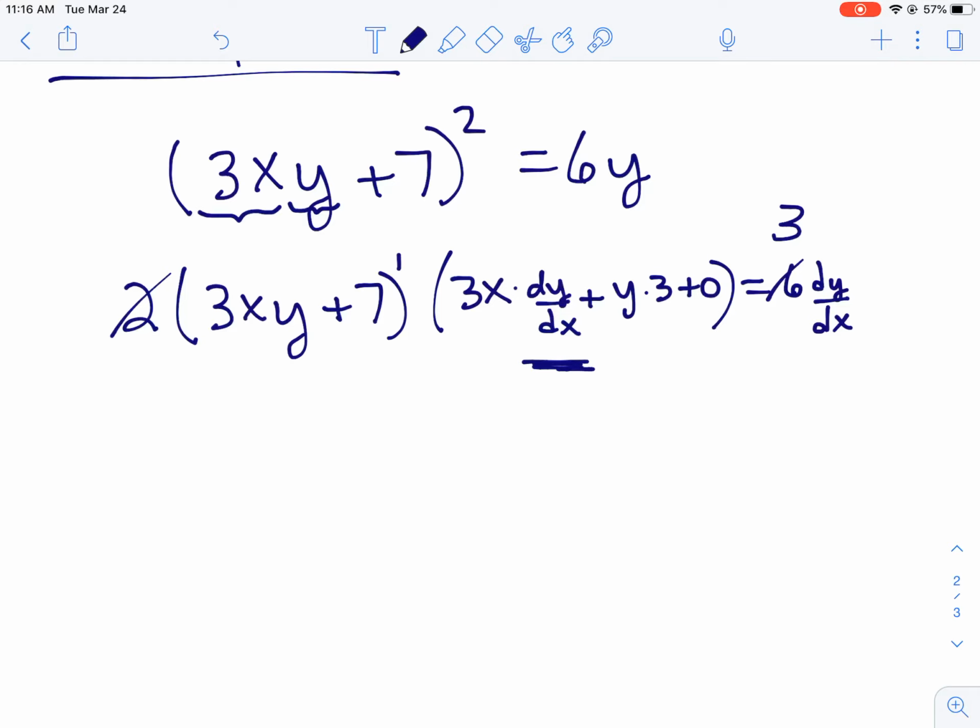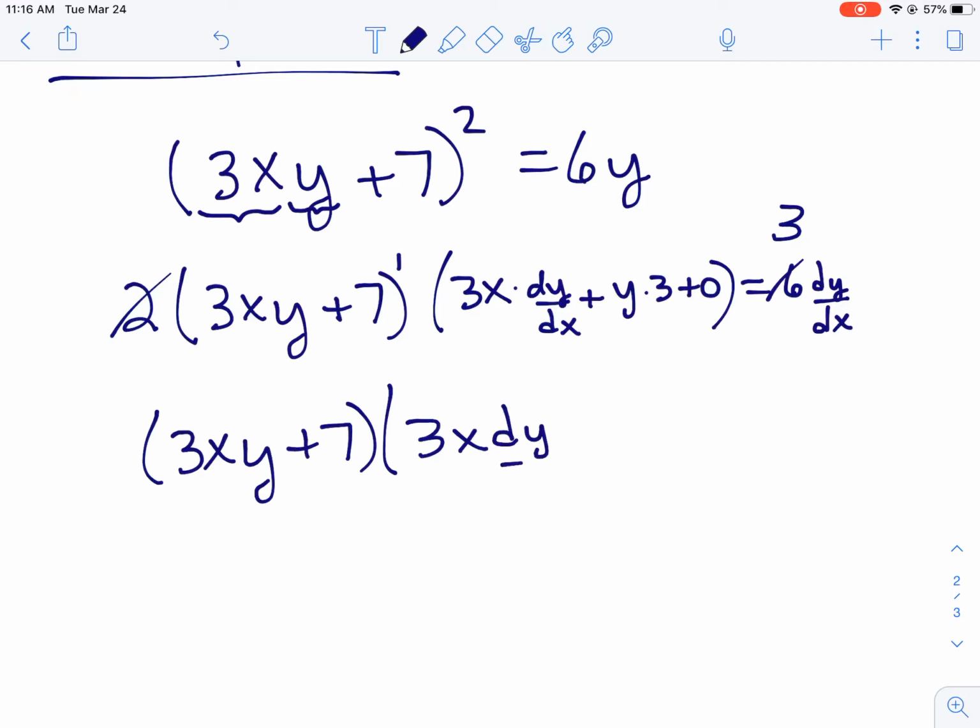The only way to get it out is to do some distributing. The first thing I'm going to do, though, is clean it up a little bit. I have 3xy plus 7. The exponent of 1 doesn't matter, so I'm just going to write parentheses 3x dy dx plus 3y. Plus 0 is silly. Equals 3 dy dx.